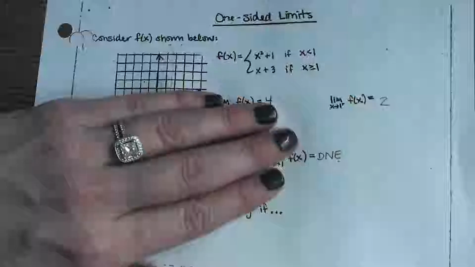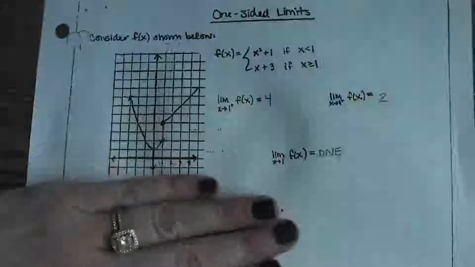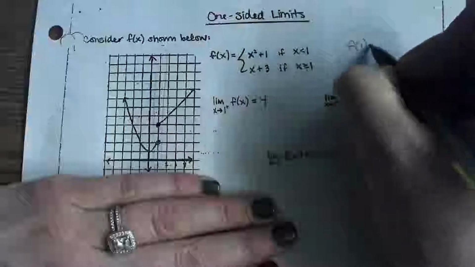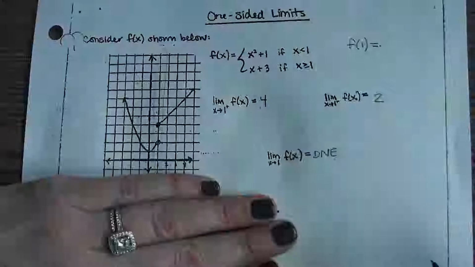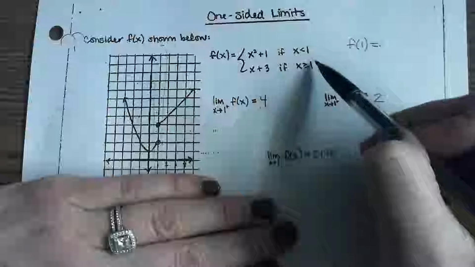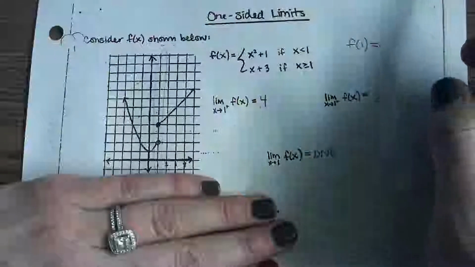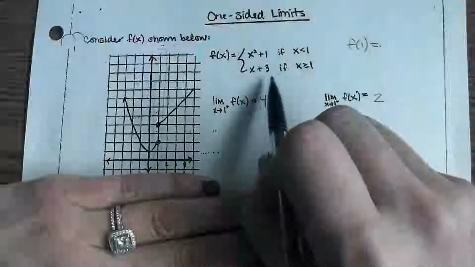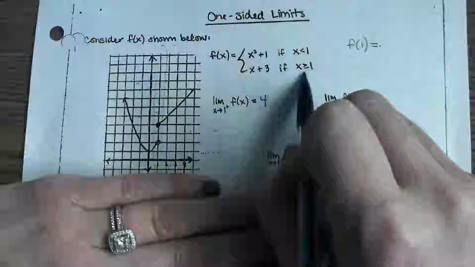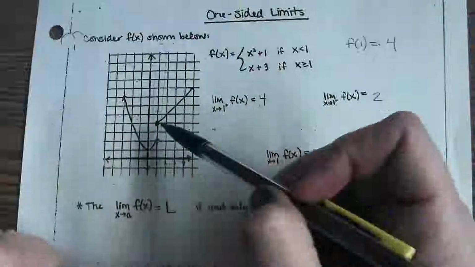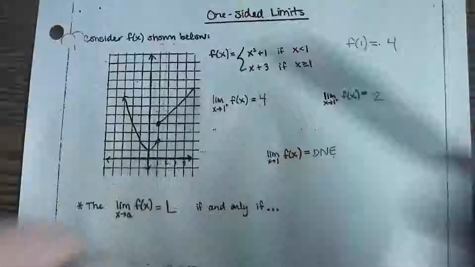Okay? And the only thing we haven't talked about yet is what is f of 1? Which one would you plug it into if you wanted to actually find what f of 1 is as opposed to the limit? Eden? Right, the second one, because that's when x equals 1, and you would get 4. Again, you're looking at the graph, so you could just see where the closed circle is, 1, 4.